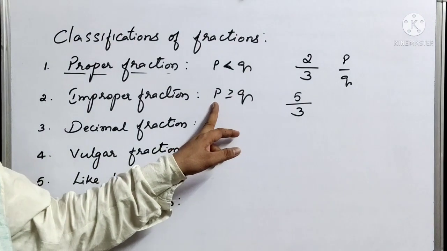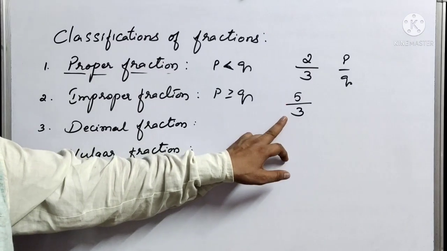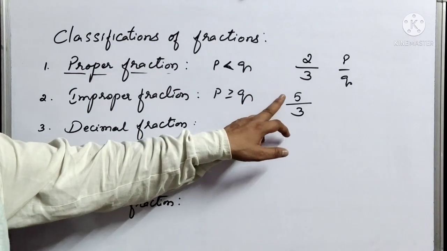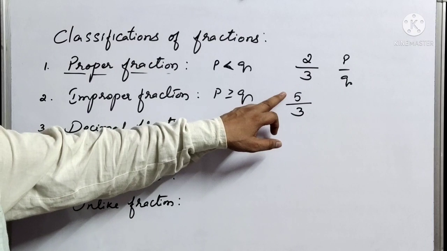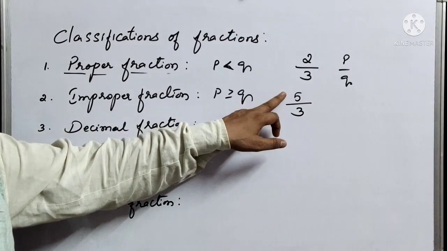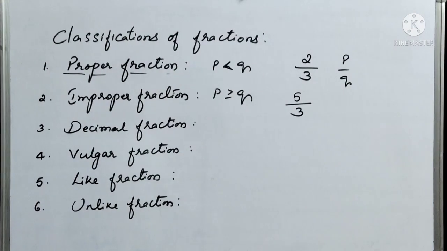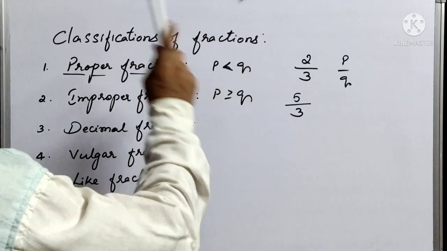P means numerator, 3 means denominator. So P is greater than Q. That means numerator is greater than denominator.